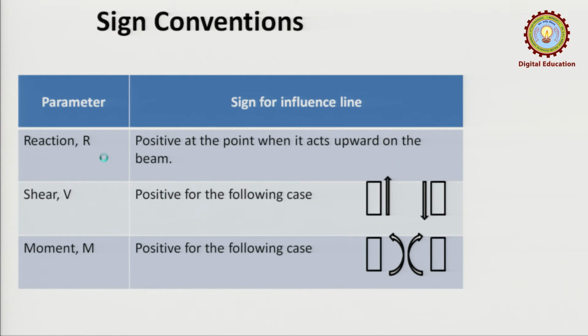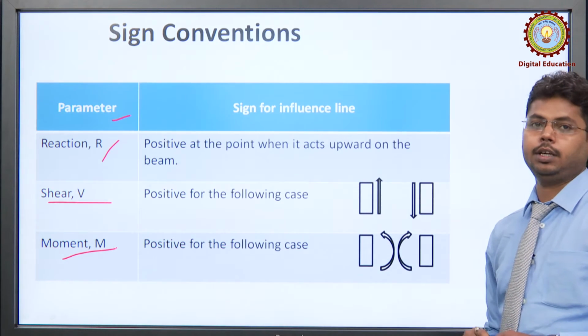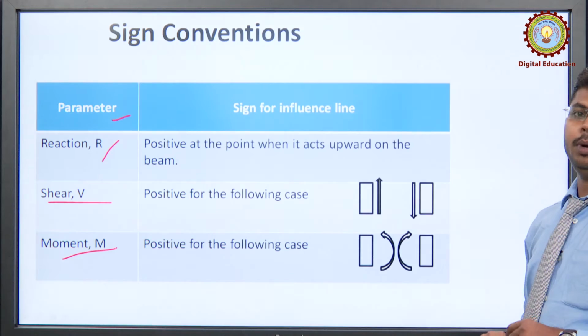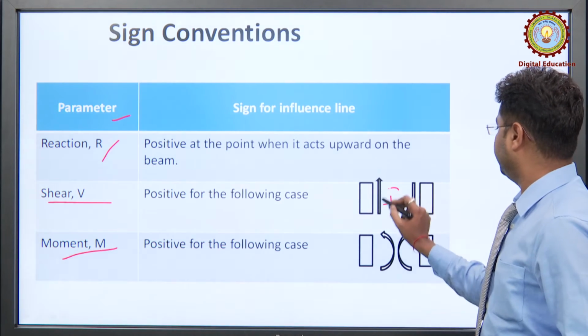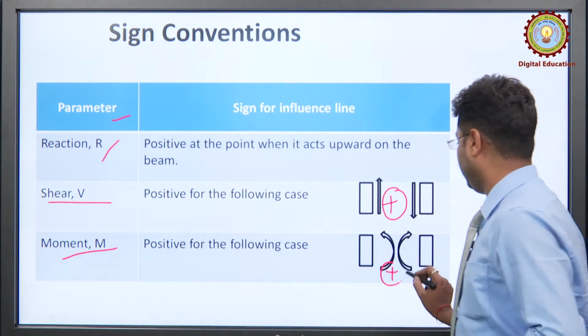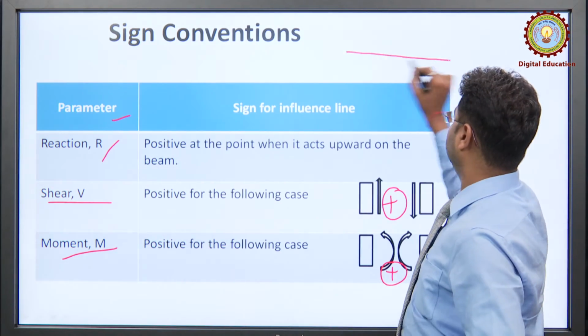This is the sign convention here. Parameters like reaction, shear force and moment. These are R for reaction, V for shear force and M for moment. How can we draw reaction? This is for positive.